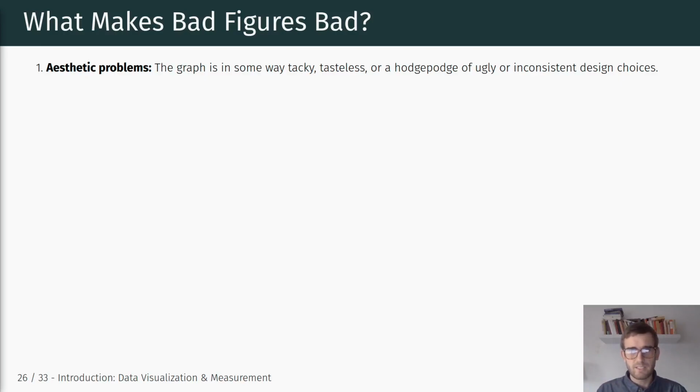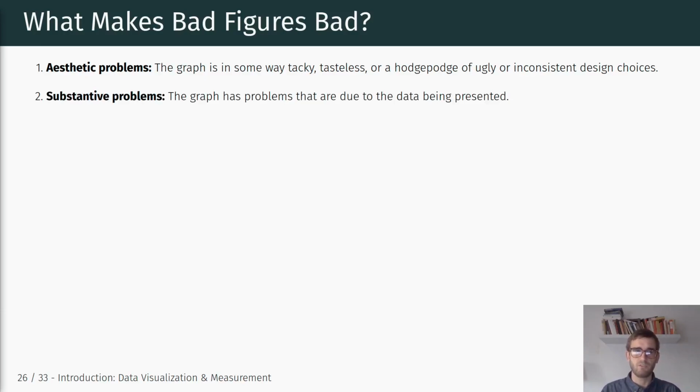Of course, this can be problematic, can be annoying to have ugly graphics, and they might make it harder to convey key points, but they don't involve any deceptions or anything like that, right? It's purely the aesthetic issues, right? Next, we have substantive problems, right? And here, and we're going to look at examples of that as well, the graph has problems that are due to the data being presented, right?